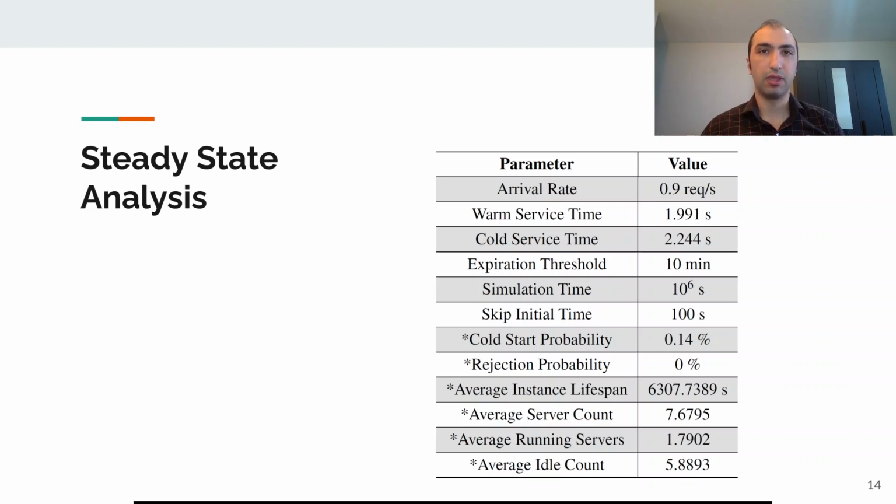It can give you the average instance lifespan, which is an important factor for the provider. And it can also give you the average server count, which gives us the cost that the provider will incur. At the same time, it can give you the average running servers, which gives you an indication of the cost of deployment, the cost of ownership for the developer that is trying to deploy this workload. And it gives you an idea of how much of the capacity is not being used on average.